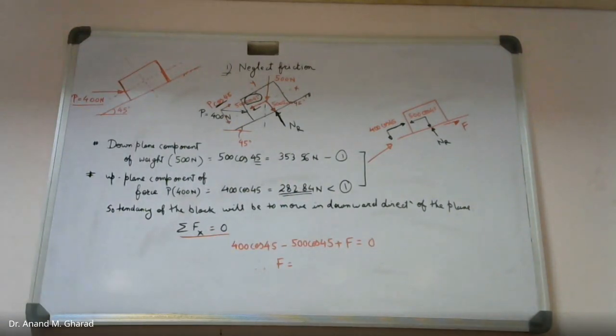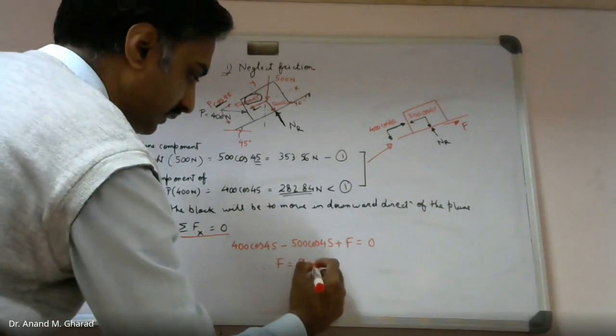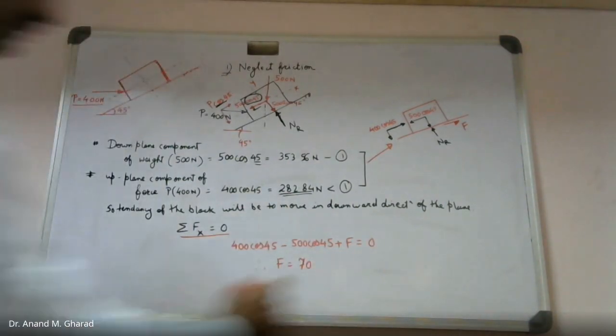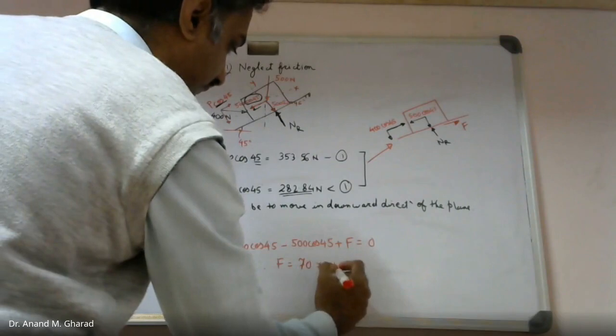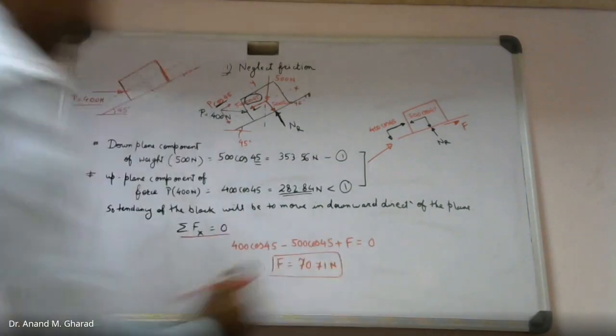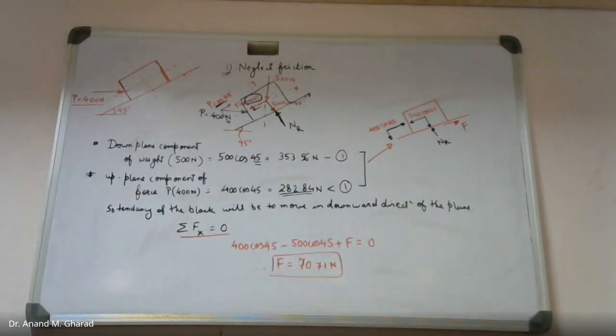And how much does it come out to be? I am getting it to be 70.71. This is the amount of frictional resistance or frictional force.